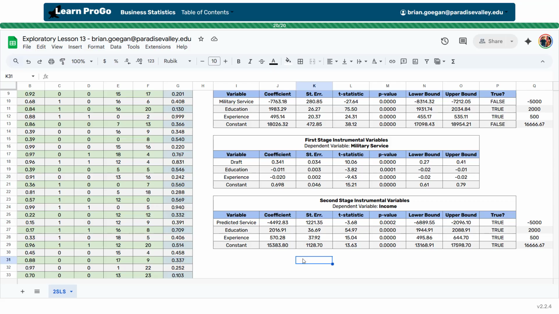So this research design is enormously powerful. If you can find out in the world something that is essentially random assignment towards some treatment, then you can properly identify the causal effect of that treatment. That's amazing.